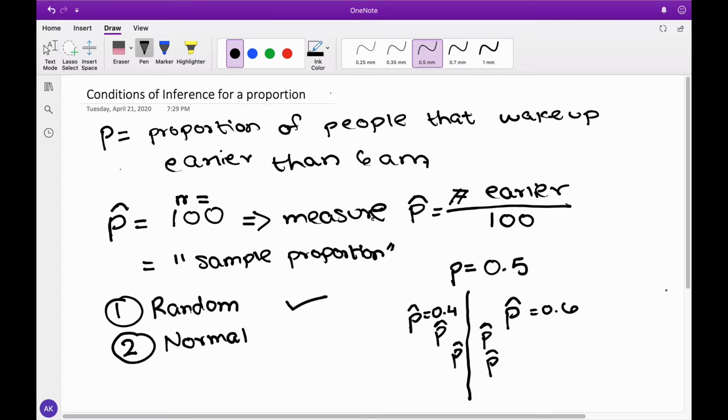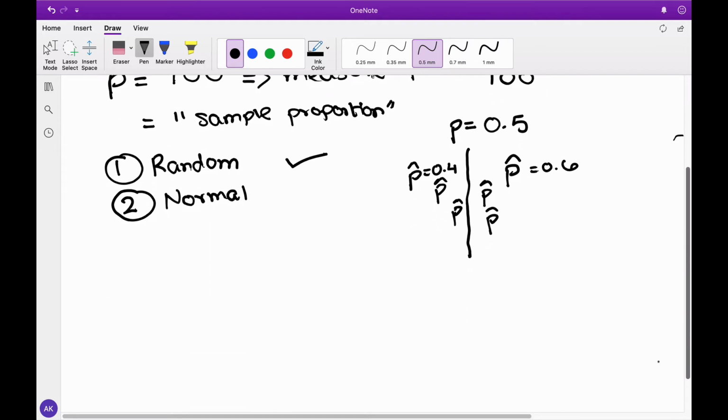What you can do is plot this on a histogram. I'm going to erase this line so we can see it better and draw it smaller.